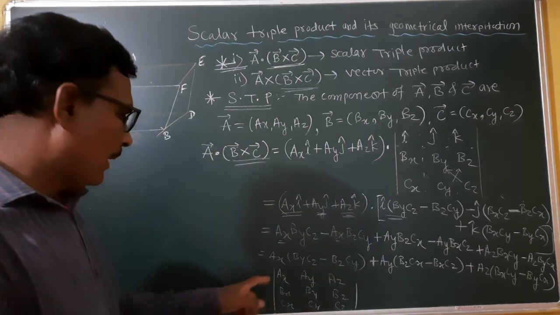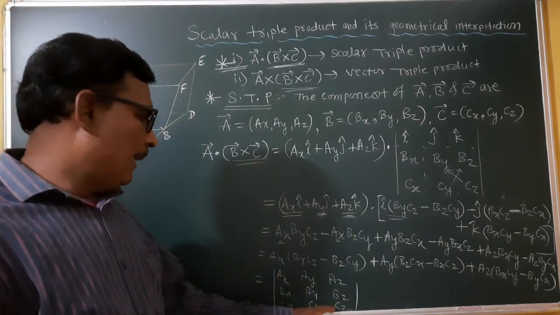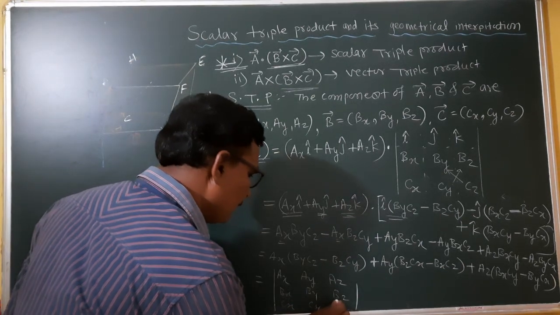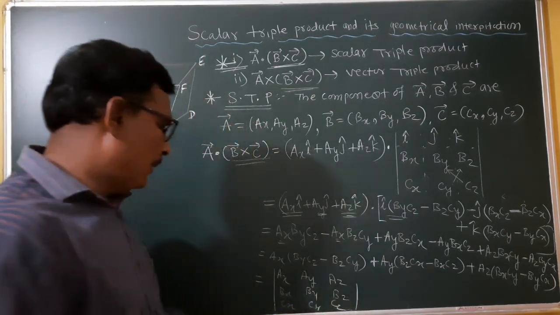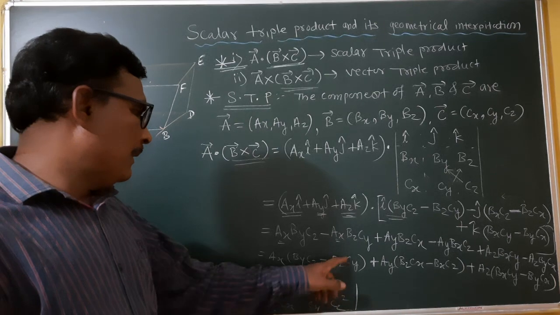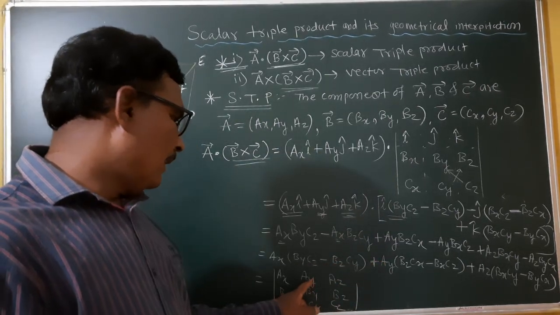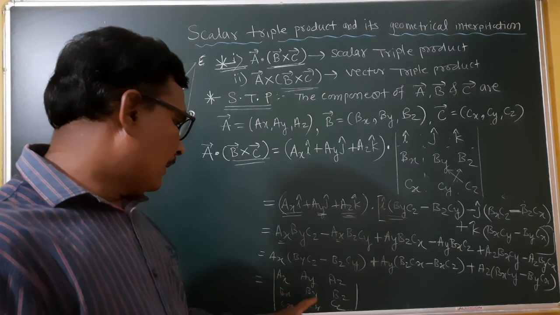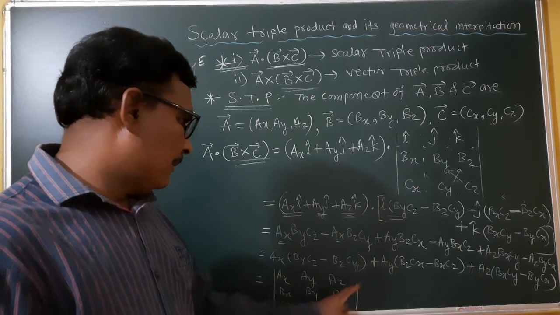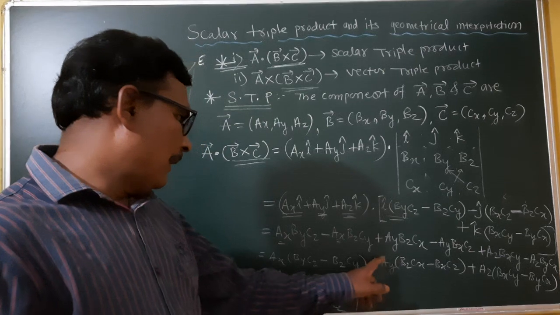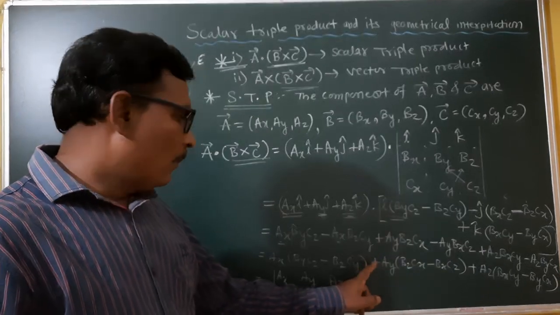See here, ax into bracket (by cz minus bz cy). Secondly, ay into bracket (bz cx minus bx cz), where the second term is taken as positive.